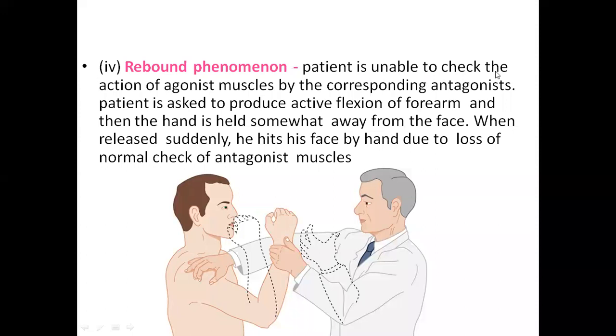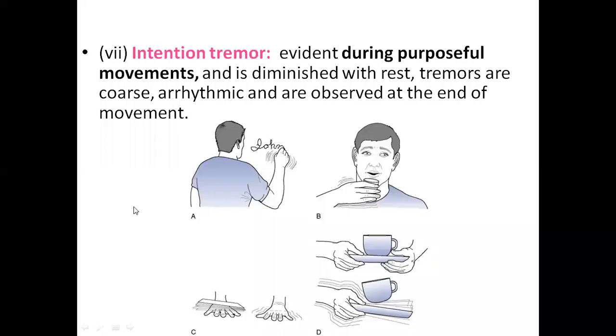Rebound phenomenon: the patient is unable to check the action of agonist muscles by corresponding antagonists. The patient is asked to produce active flexion of the forearm and then the hand is held somewhat away from the face. When released suddenly, he hits his face with his hand due to loss of the normal check of antagonist muscles.